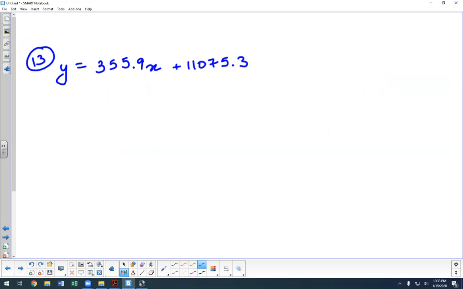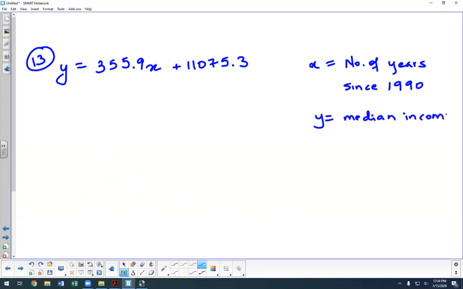Now, X is the number of years since 1990, and Y is the median income in dollars. So they want to know in what year will the median income be $25,000.